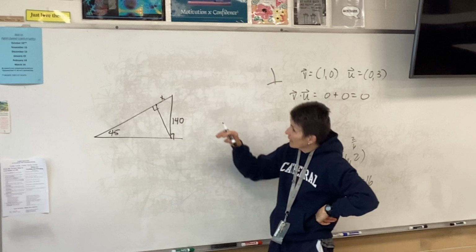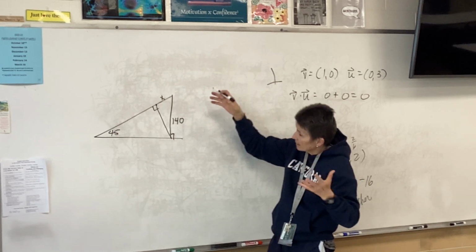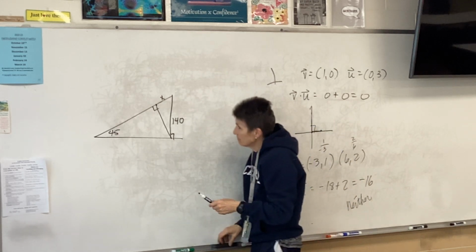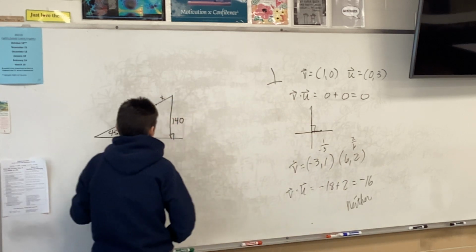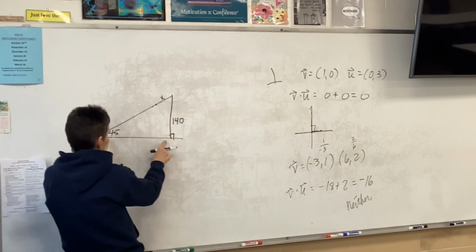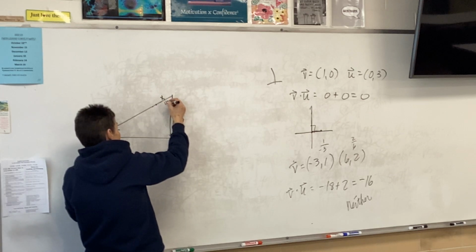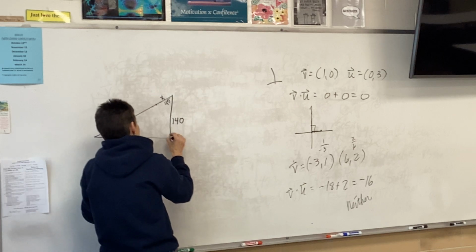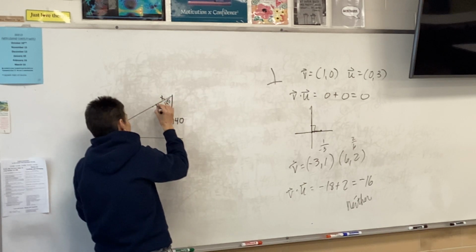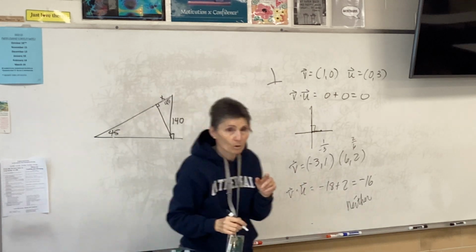Well, tell me what I know about anything here. Let me back up for a second. Let me take this out for a minute. Would you agree that this angle right here is 45? So let me put this back in, this perpendicular back in, perpendicular force.